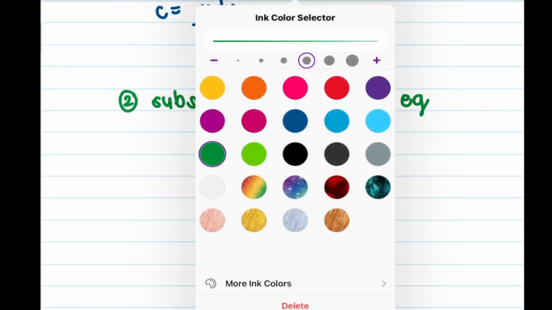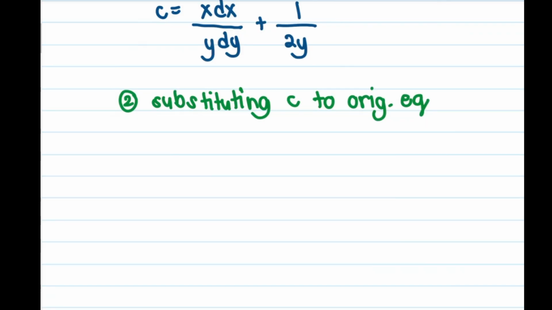So that one will be cy squared is equivalent to x squared plus y.